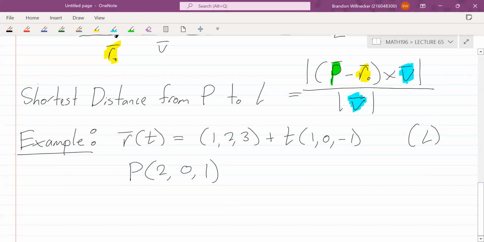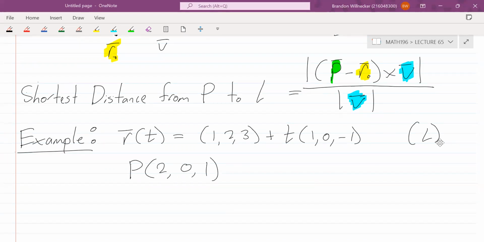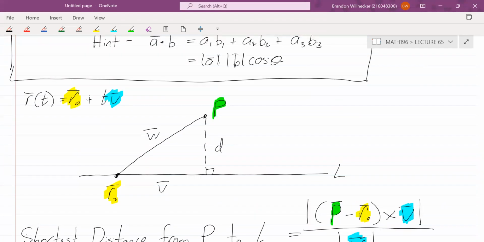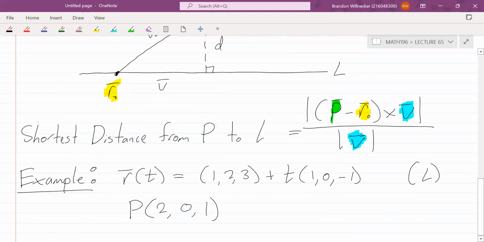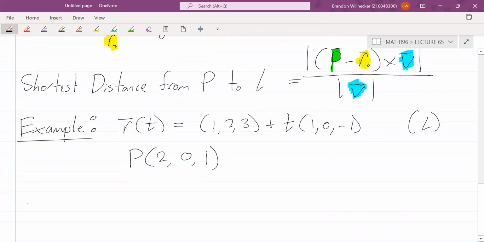Let's find all the vectors that we need. First we need to find that hypotenuse vector, that W from the diagram. That's going to be P minus R naught. So the hypotenuse vector W is the vector going to P minus the vector going to R naught.